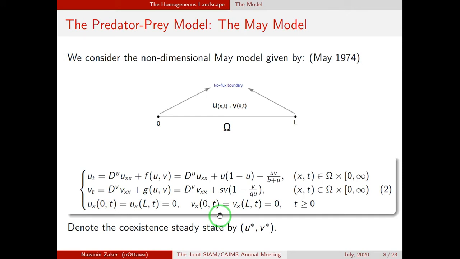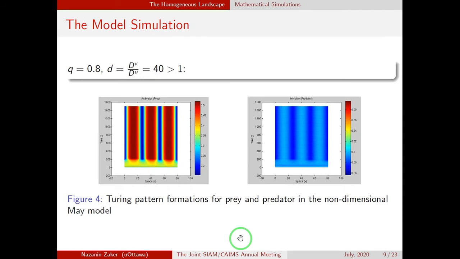To study Turing pattern formation, first of all we have to have a coexistent steady state, and then we need to evaluate those four conditions. By fixing our parameters to satisfy those four conditions, we get pattern formation for the May model.